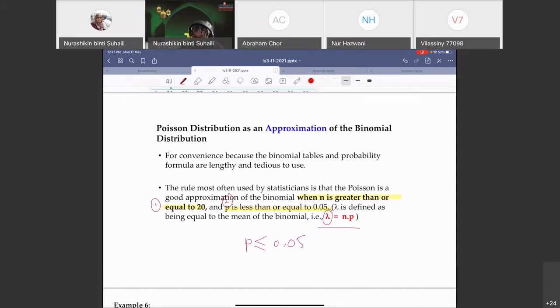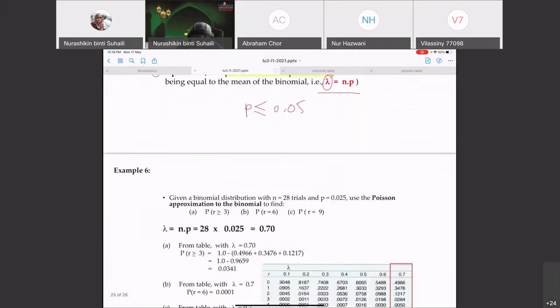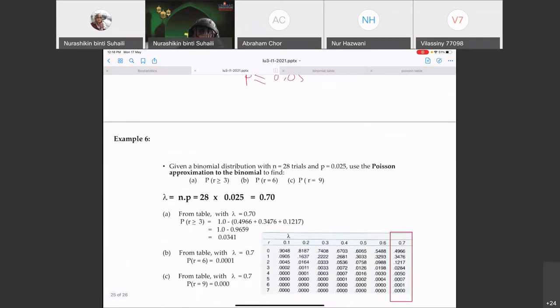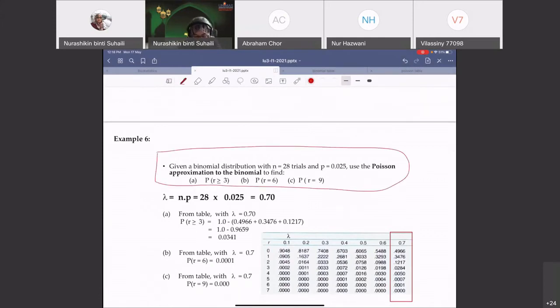For example, this is the original problem. Given a binomial distribution with n equal to 28 and p equal to 0.025, use the Poisson approximation to the binomial to find the probability of r greater than or equal to 3, r equal to 6, and r equal to 9.